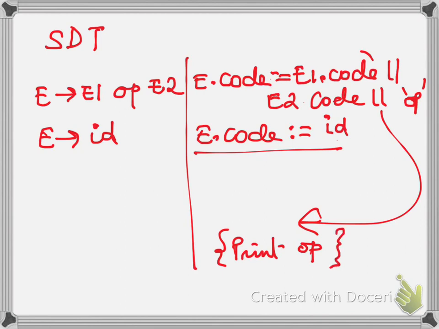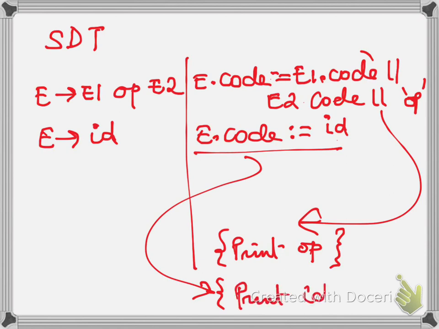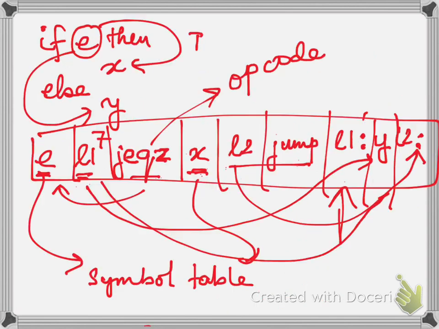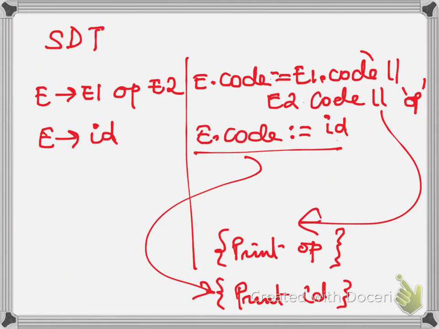For this second one, we can have simply print the ID. Because if you look at this here, we have the operands, which is ID, and we have the operators. So this is your postfix notation of intermediate code.